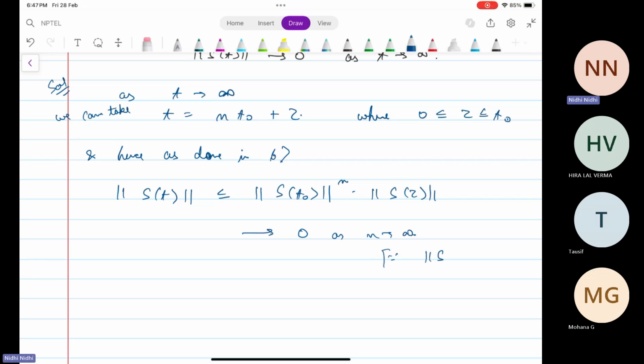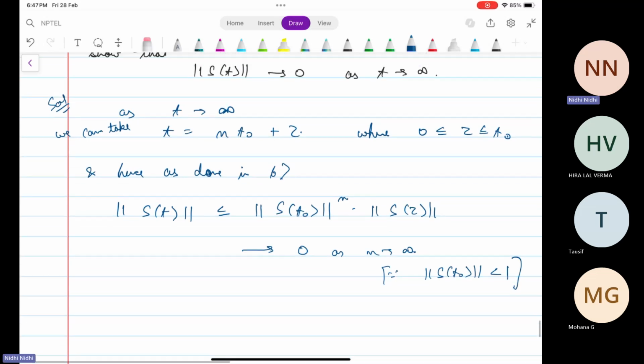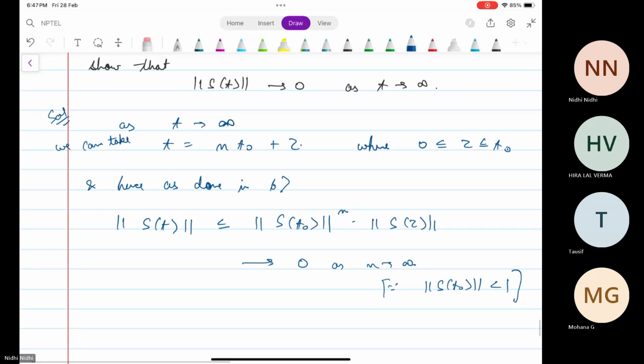Hence, norm S(t naught) is strictly less than 1. That is what we wanted to prove. Therefore, norm S(t) tends to 0 as t tends to infinity.